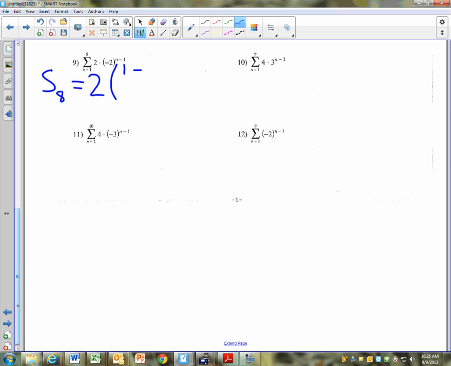So we got to use negative 2 like that to the what power? 8th power. Divided by 1 minus negative 2. See if you can evaluate that.